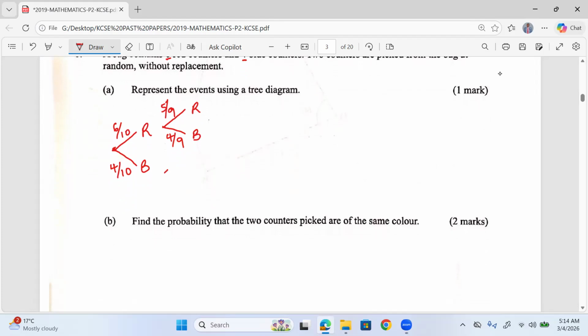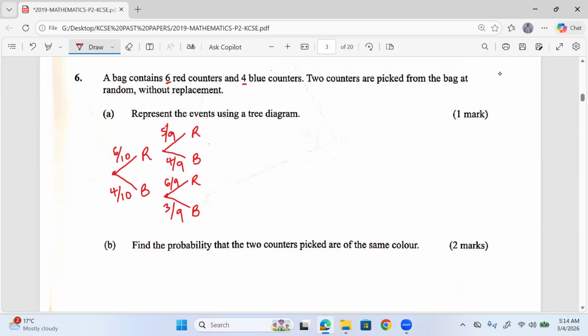Now, in the second picking, if we had picked a blue first, we may pick red or pick blue for a second time. So picking a blue, the probability now goes down to 3 because we didn't replace, out of 9. But for red, they remain 6 over 9.